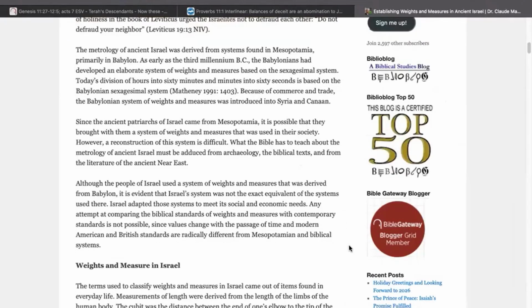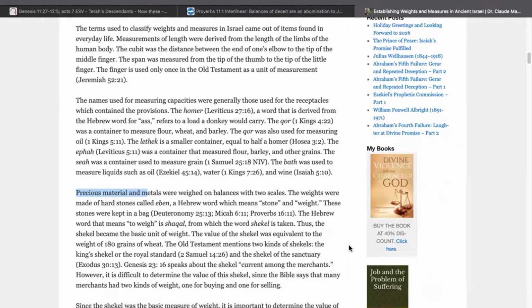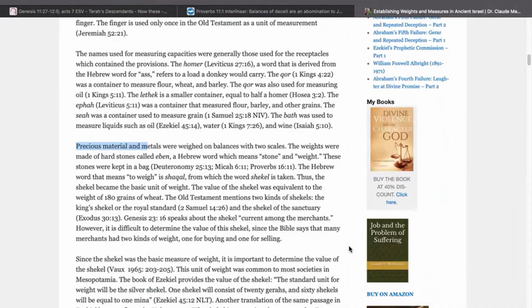There's a portion here that I marked out to read, just to help to see why they chose weights, even though the word stone is there.